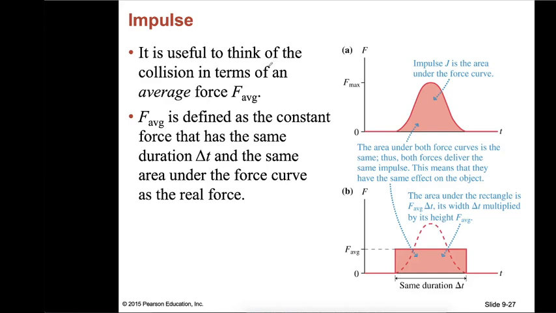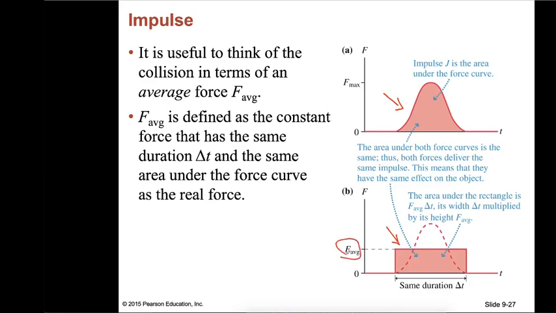It's useful to think of the collision in terms of average force. Average force is defined as a constant force that has the same duration time and the same area under the curve as the real force. So for this curve, its average force will be something like that.